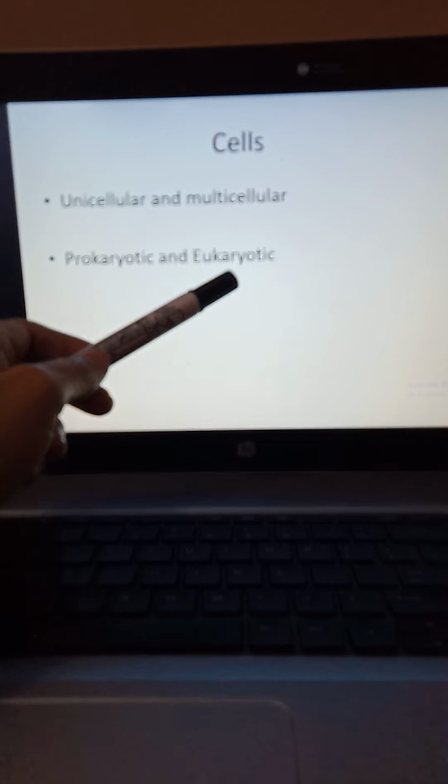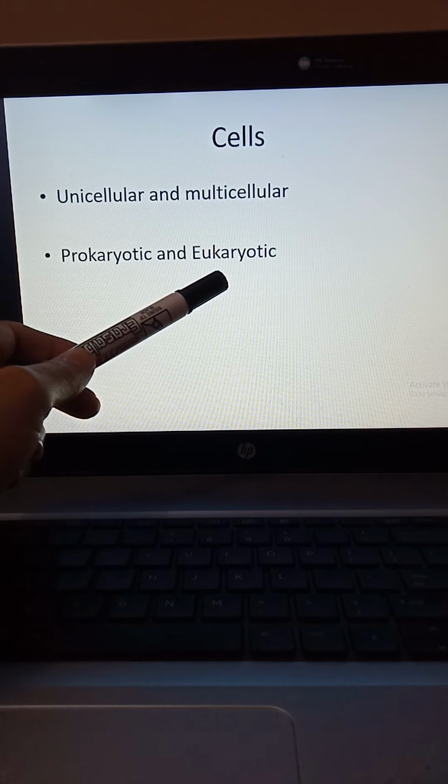So if we move on, then there come two more complex terminologies in biology. One is called prokaryotic organism and the other one is called eukaryotic organism. Or simply, you can classify the organisms as prokaryotes or eukaryotes.